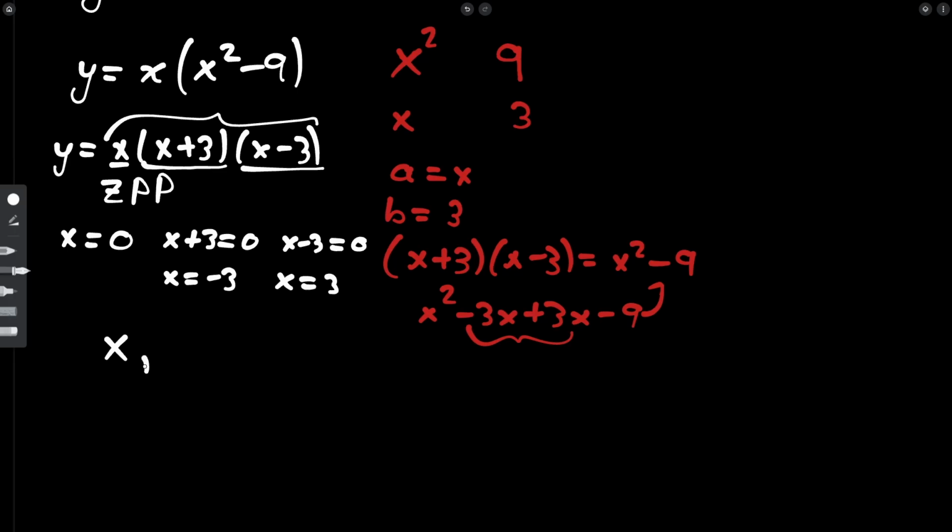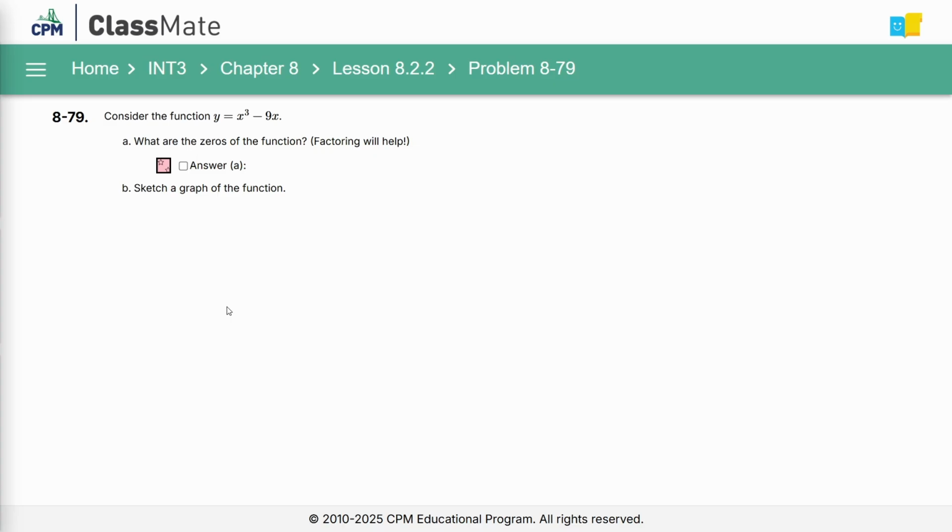We have x equals 0 and plus or minus 3. All right, let's check our answer. And there we are. Plus 3, minus 3, and we have our 0.